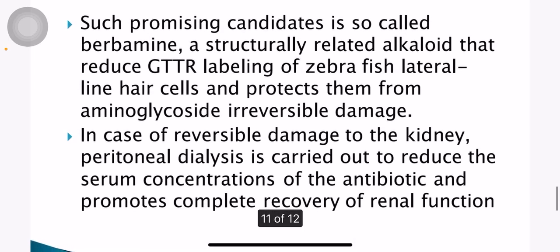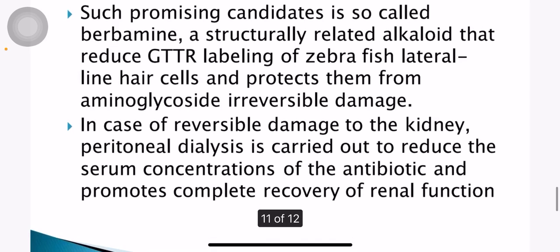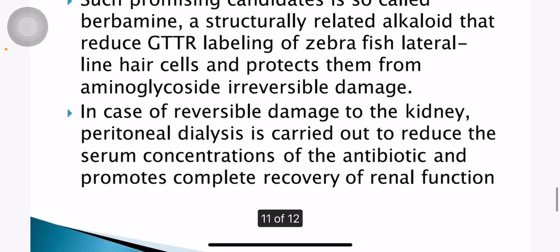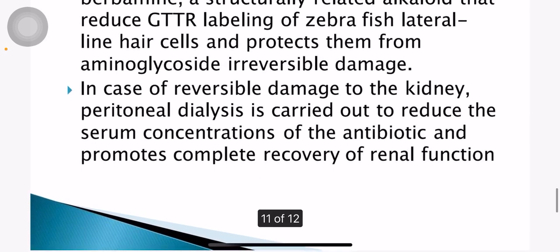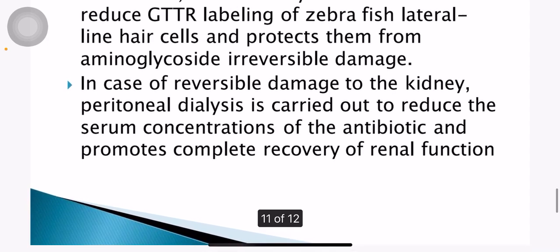As we said, in case of reversible damage to the kidney, peritoneal dialysis is carried out to reduce the serum concentrations of the antibiotic and promotes complete recovery of renal function.